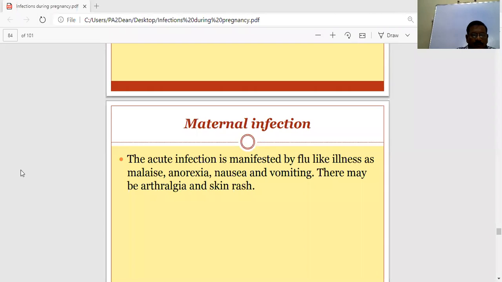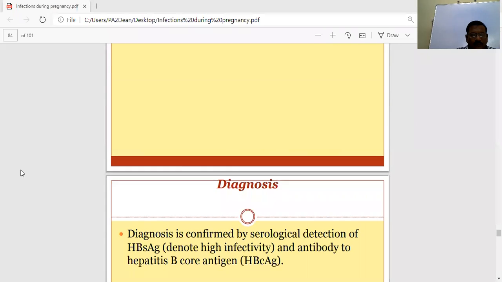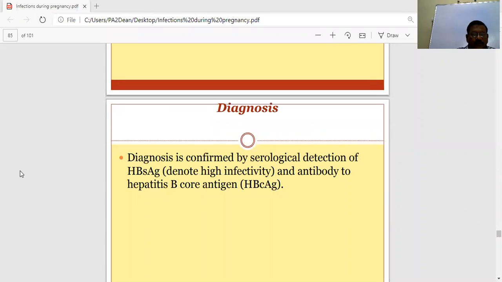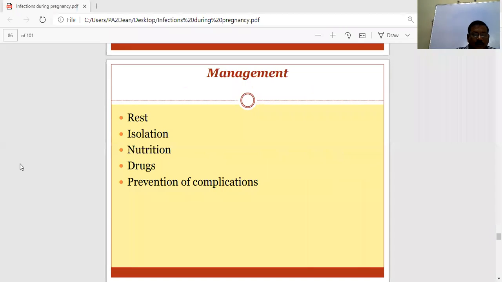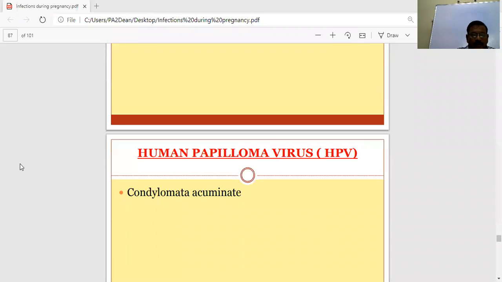There may be arthralgia and skin rashes. Diagnosis is confirmed by serological detection of HBsAg and antibody to hepatitis B core antigen. The management is rest, isolation, nutrition, drugs, and prevention of complications.